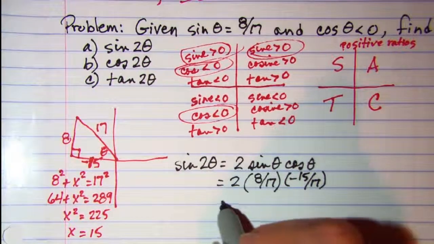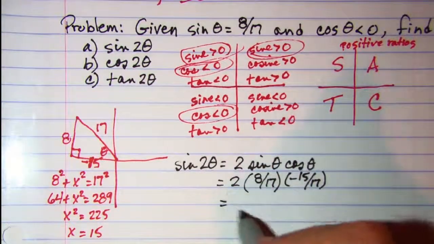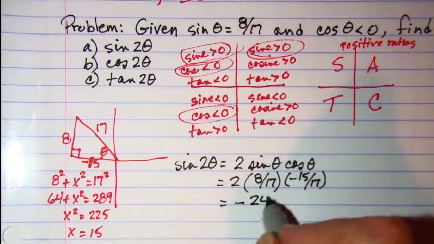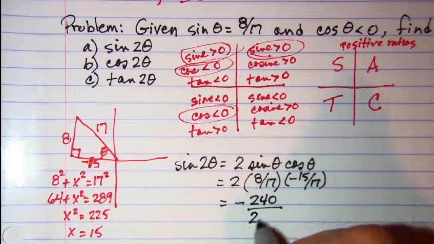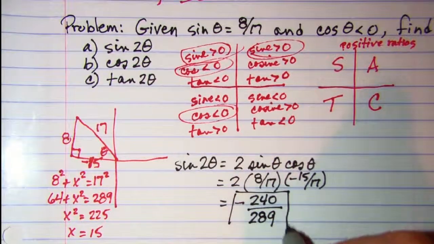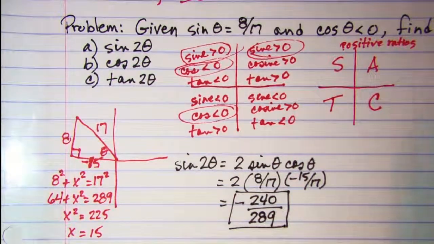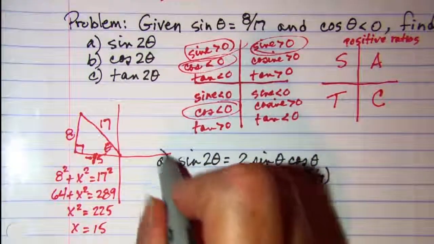So when we do the math on this one, we get a negative 240 over 289. That was our A part of our problem.